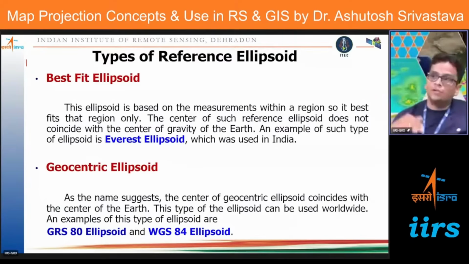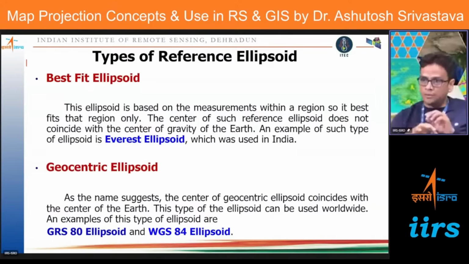So at that time, people did manual surveys, used local information, and developed the ellipsoid. Since only limited information was used to develop these ellipsoids, those ellipsoids, or the datums based on them, were more useful for a particular area only.